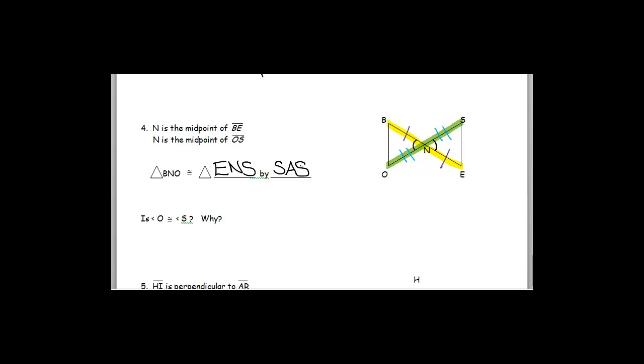So let's go ahead and try to see our angle O and angle S congruent. Well, looking at our congruence statement, we have angle O right here and we have angle S right there. Those are corresponding parts. So since our triangles are congruent, the corresponding parts are congruent. So yep, and we have our CPCTC.